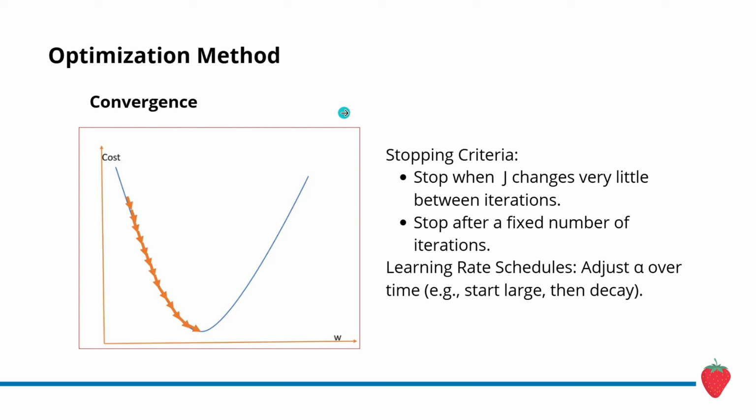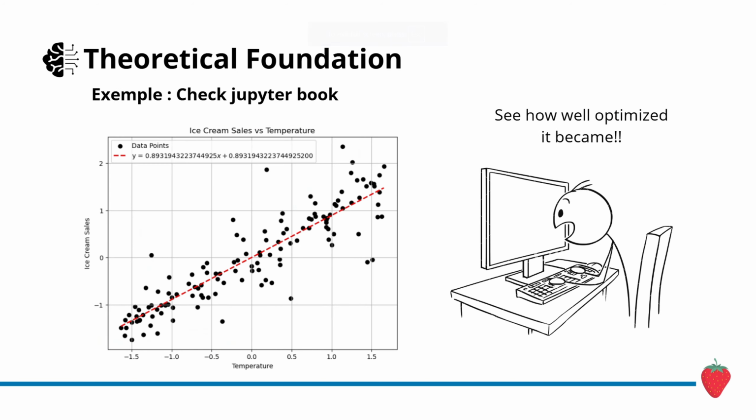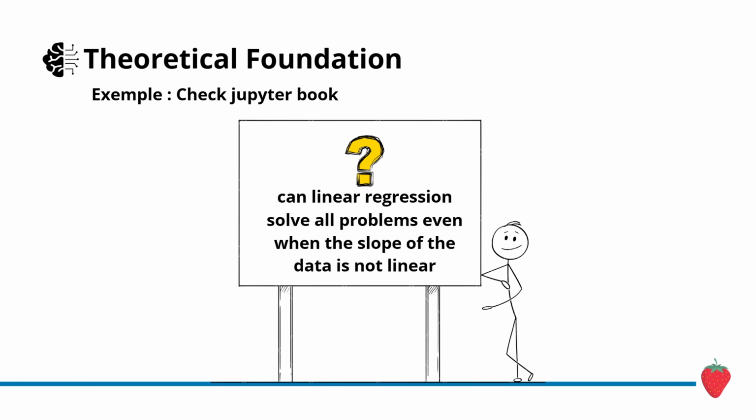So now we've started with plotting the data, passing a line through them and predicting, then seeing which line does the best, and then selecting the parameters that will actually help the most. But here comes the question. Can linear regression solve all problems, even when the slope of the data is not linear?